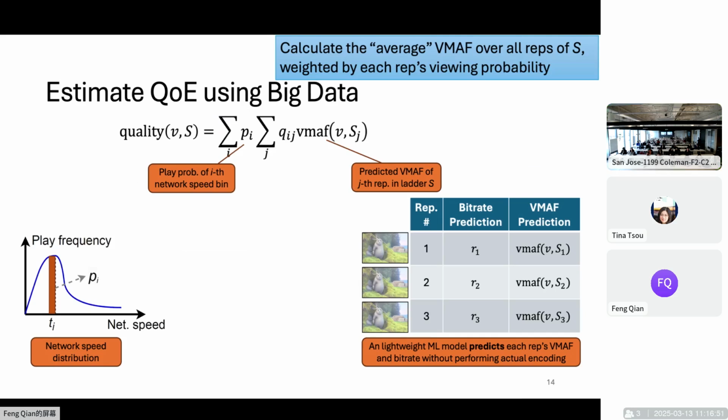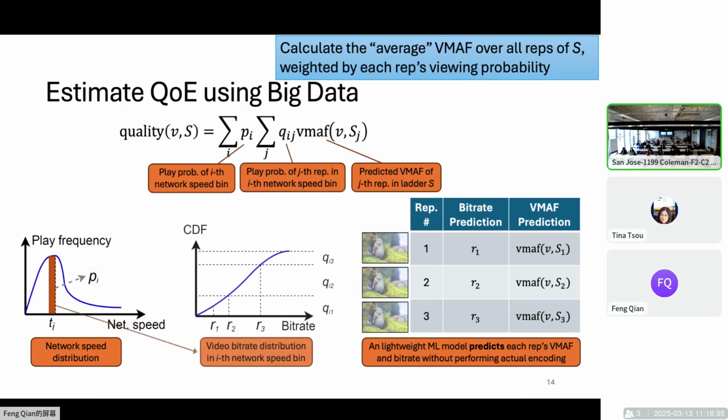Then within this network speed bin, we also use big data to plot the video bitrate distribution. And this Qij is basically the play probability of the j-th representation in the i-th network speed bin, right? If you multiply Pi and Qij, it's basically the viewing probability of this representation in this network speed bin.